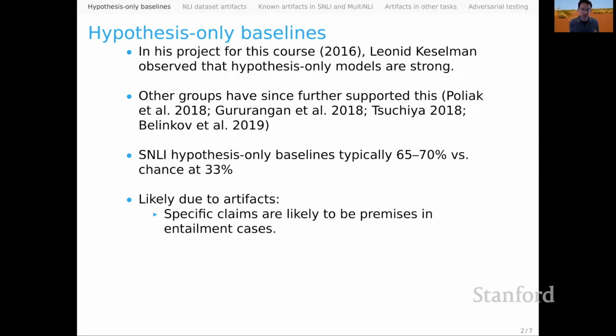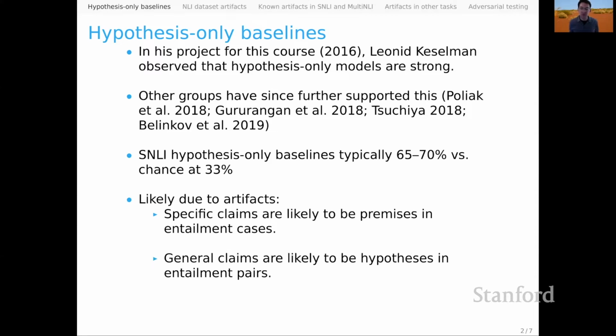And just for a few examples here, we can observe that specific claims are likely to be premises in entailment cases, and correspondingly general claims are likely to be hypotheses in entailment cases. Just think at the lexical level, if you have a pair like turtle and animal, where you have a very specific term in the premise and a very general term in the hypothesis, that's an entailment relation.